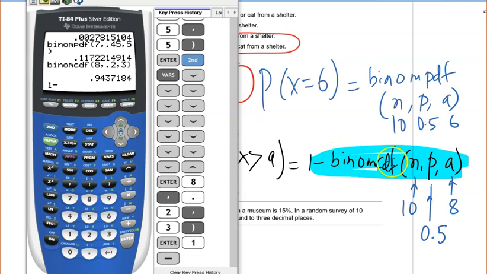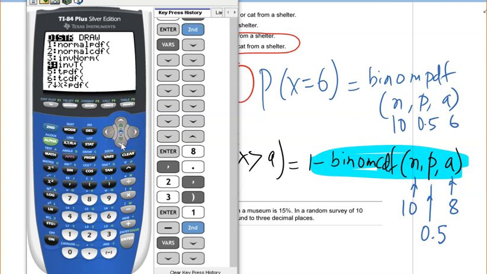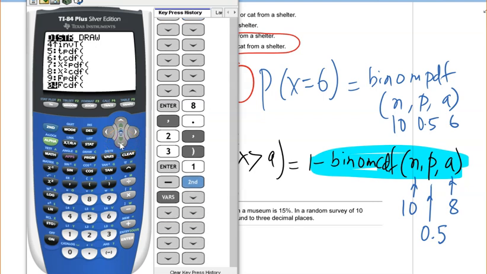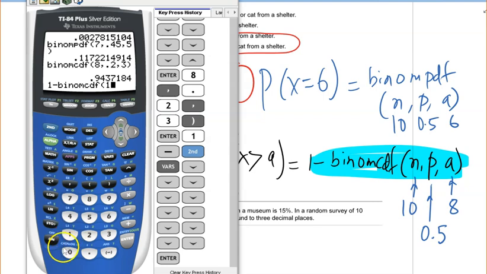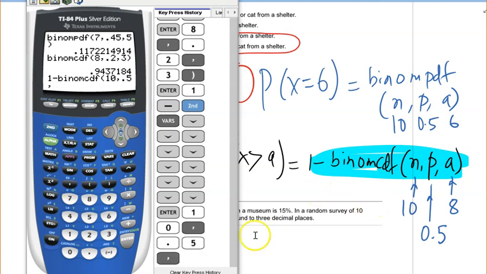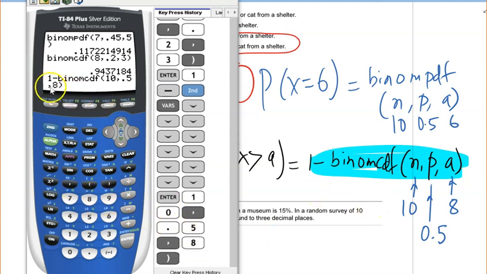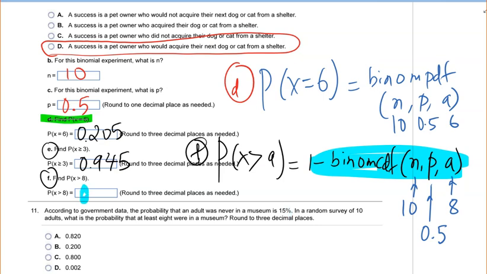Now let's find binom CDF under second VARS, and you'll find binom CDF in option B. It's binom CDF, enter, and let's type 10 comma 0.5 comma 8, close parenthesis. Type everything as it is and press enter. You get 0.0107, but rounded to 3 decimal places, it's going to be 0.011. Okay, the answer is 0.011.